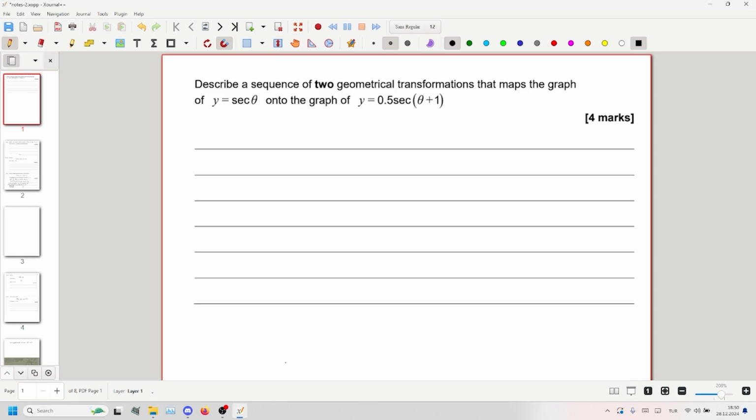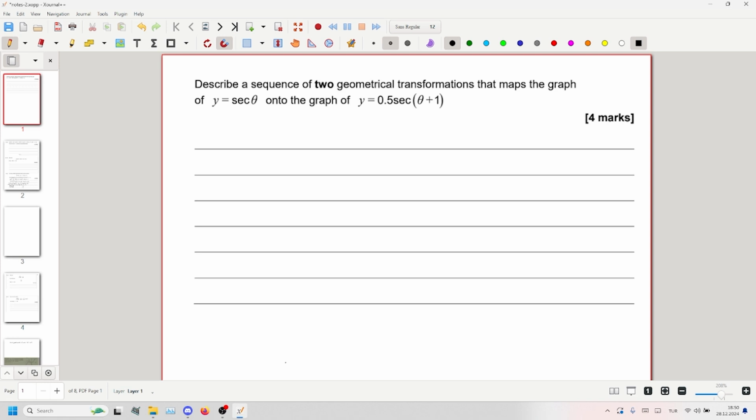There are multiple ways you can do this question, but let's begin by noticing how the input of the function has been translated. To do this translation, you have to translate by the vector (-1, 0), so that the input of the function becomes theta minus -1, which is theta plus 1.